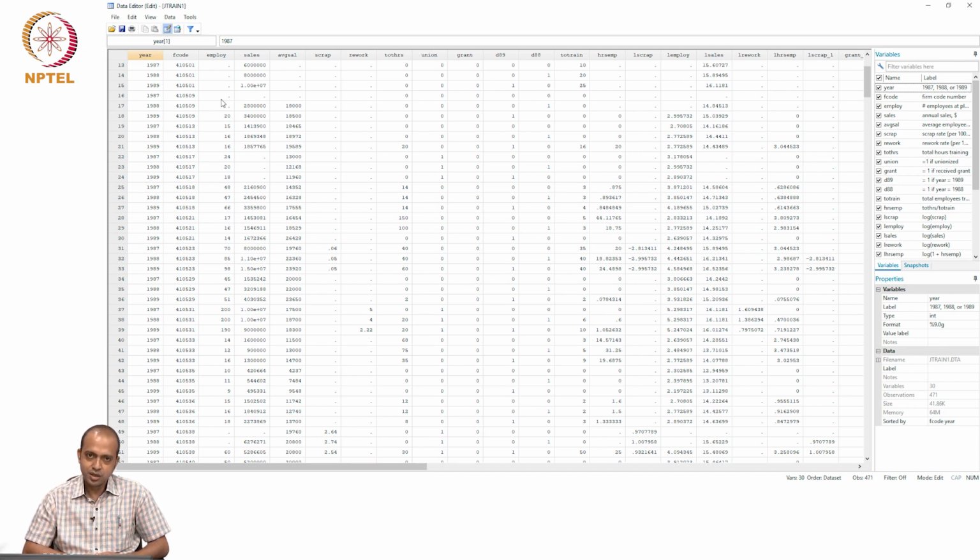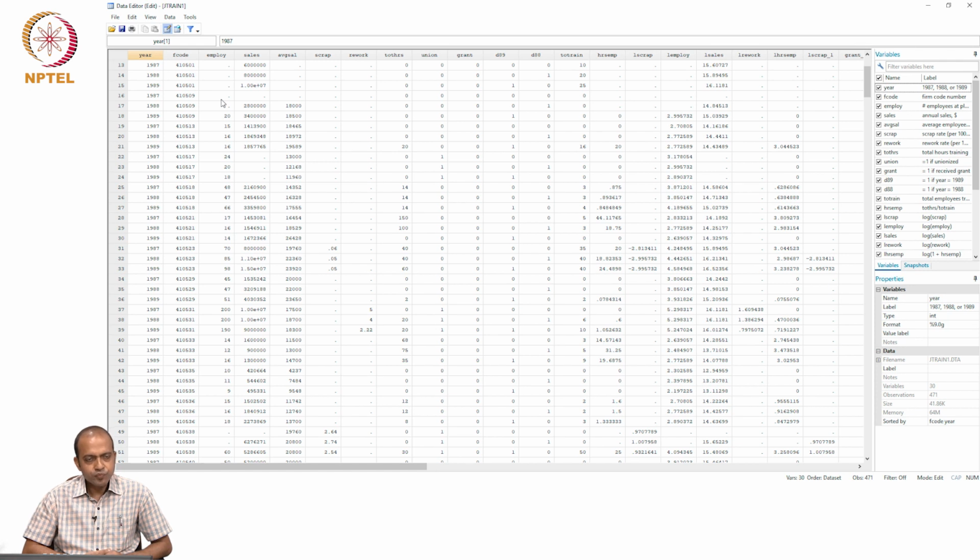That is the hypothesis. And how many employees will be sent for this training program? That actually depends on the amount of grant that the firm is receiving. That is the major determinant.